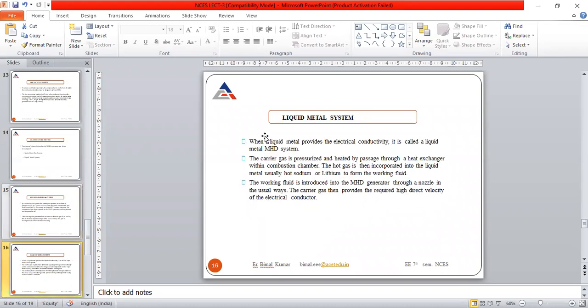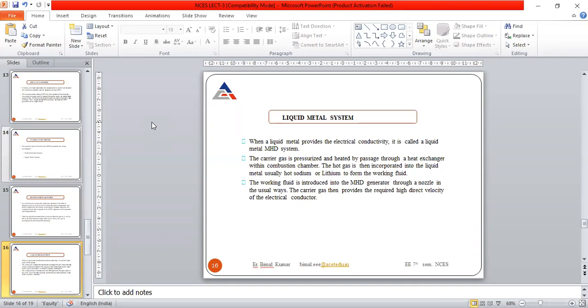Both seeded inert gas system and liquid metal system are types of the closed cycle system.